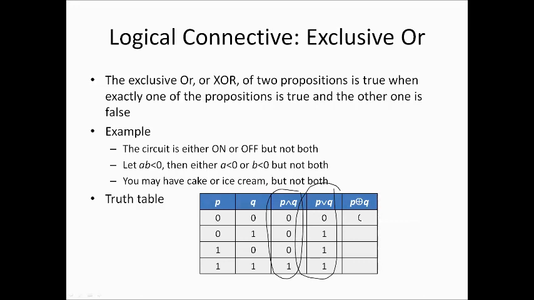That is 0. What about 0 and 1? That is 1. What about 1 and 0? That is 1. What about 1 and 1? That is 0. So class, please remember the only difference between the OR and the exclusive OR: in case both P and Q are true, the result will be false. So remember that, class. That is exclusive OR.